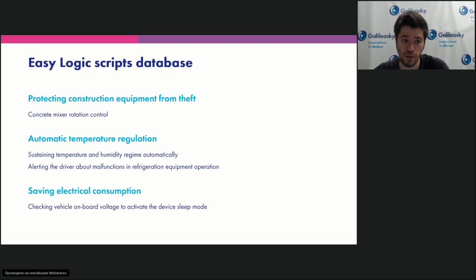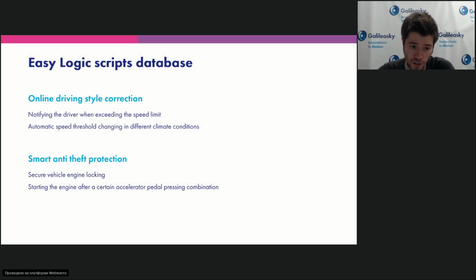Also, we have a couple of scripts for online driving style correction. We have scripts for smart anti-theft protection, for example, secure vehicle engine locking, like the one that I showed you with the RFID card, or a sophisticated one about starting the engine only after a certain accelerator pedal pressing combination.